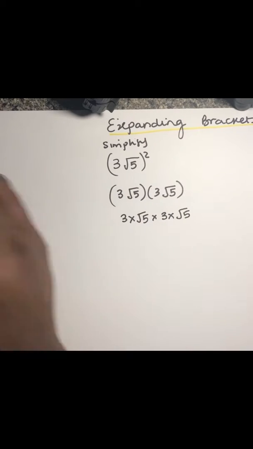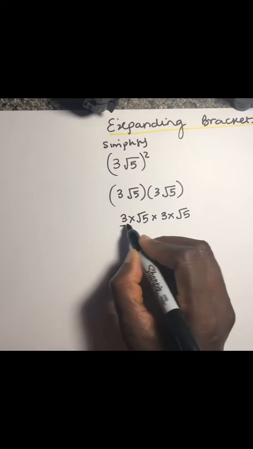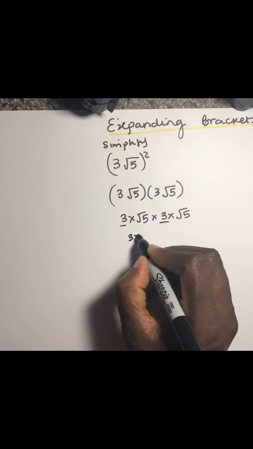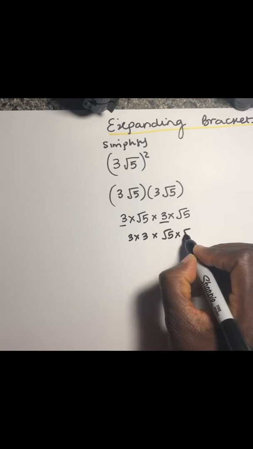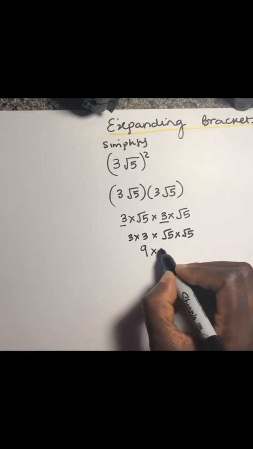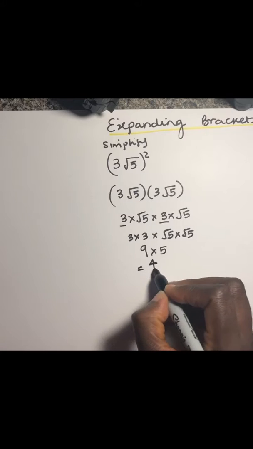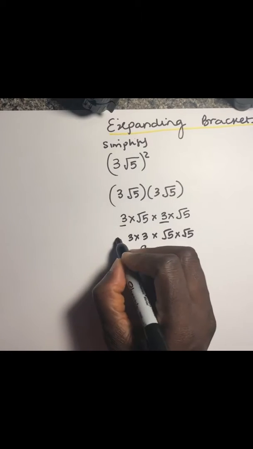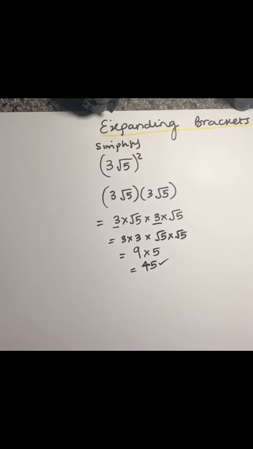Now again, like we did earlier, we can collect like terms. 3 times 3 times root 5 times root 5. 3 times 3 is 9, and root 5 times root 5 is 5. That's going to give us 45.